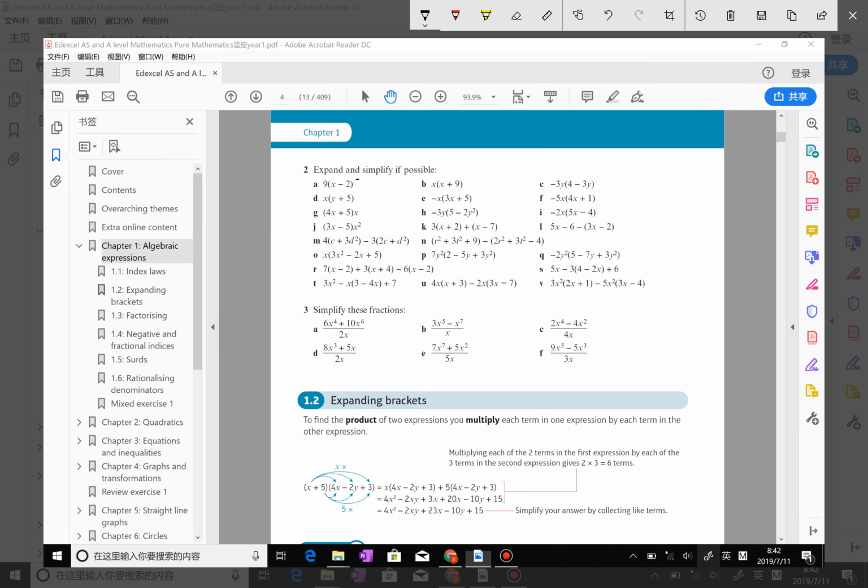Okay, all right, so this is 9x minus 18x squared plus 9x. Yeah, it's kind of a lot of work.